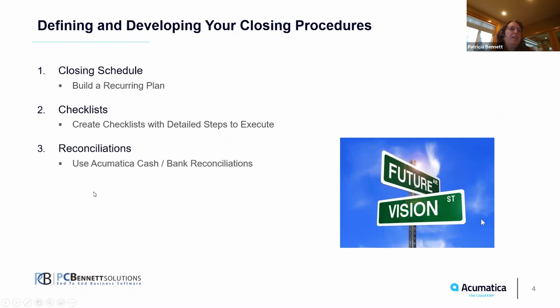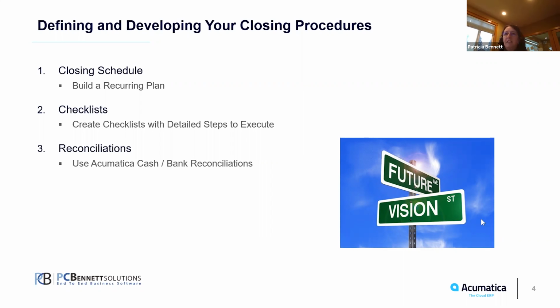So how do we create a closing procedure? Start with a schedule. So the end of the month comes along. How many days should it take your specific organization to close your books? If you decide that that is 5 days, then it needs to be done within those 5 days.